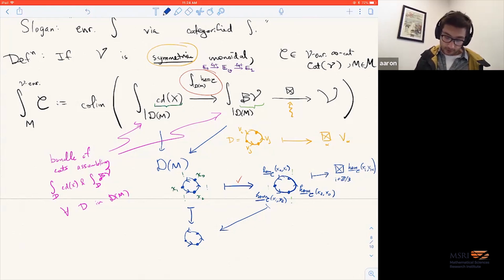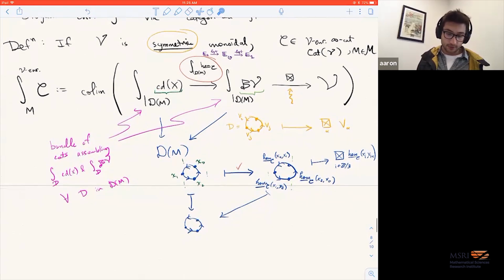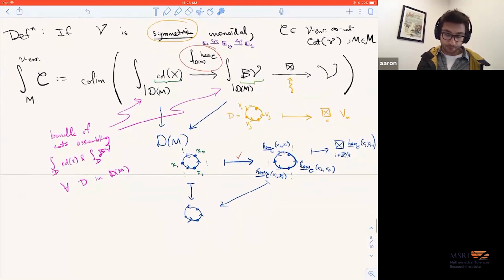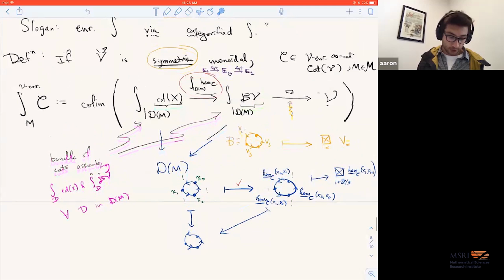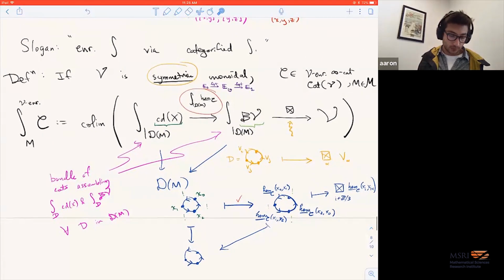And when a dot disappears, the Homs are composed. When a dot splits apart, we insert the unit, the identity element of the Hom for the two adjacent vertices that just appeared. They're now labeled by the same object. And this is the factorization homology, the enriched factorization homology of C over M.